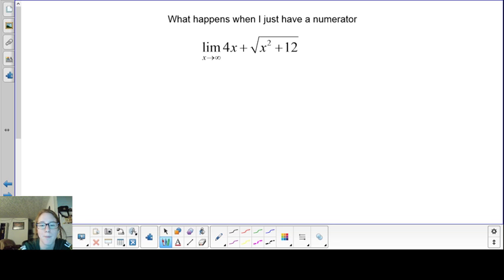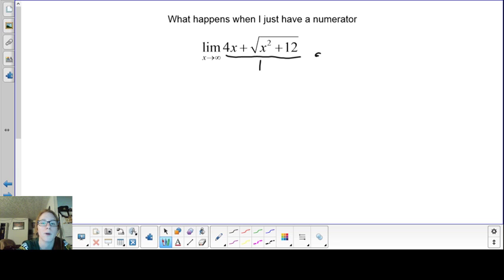Now, what happens when you don't have a denominator? Well, what we're going to do is we're going to treat this like it has a denominator. It does have a denominator, it has that invisible 1.